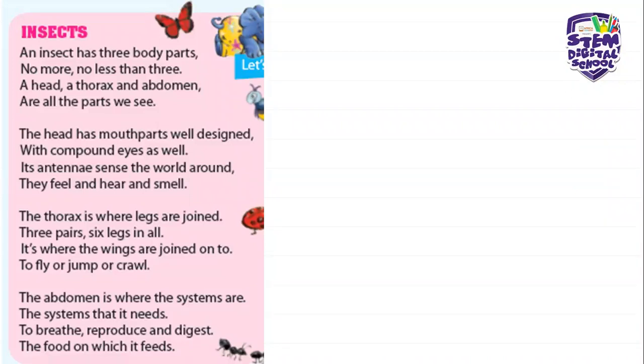The thorax is where the legs are joined, 3 pairs, 6 legs in all. It's where the wings are joined on 2, to fly or jump or crawl. The abdomen is where the systems are, the systems that it needs to breathe, reproduce, and digest the food on which it feeds.